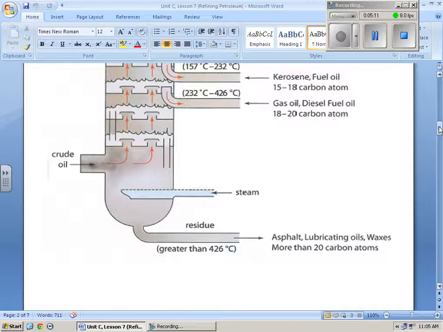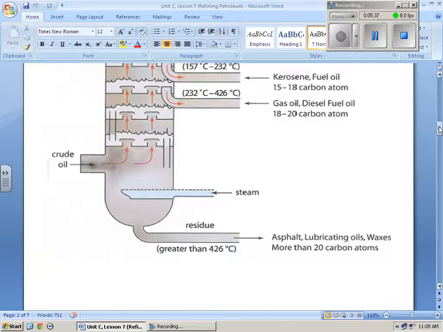What happens is the crude oil comes into here, it's a liquid right now, and it vaporizes into a gas right here. Now, this is at 426 degrees Celsius, so if the boiling point of that hydrocarbon is higher than 426, it's not going to turn to a gas.